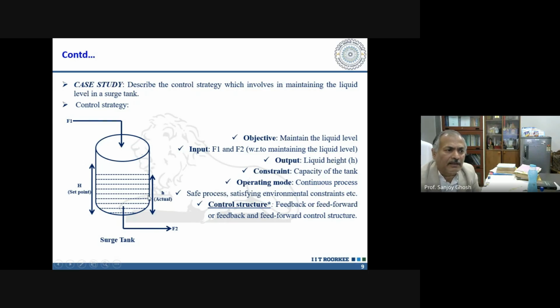The tank is 100 liter, or 1000 liter, so that cannot be increased or decreased. Flow rate can be increased or decreased, that you can control, but tank capacity you cannot change, right? Then the operating mode is a continuous process. Continuously what is coming in, continuously what is going out. So that is the continuous operating mode. Then the control structure, feedforward or feedback, and these things I will discuss.